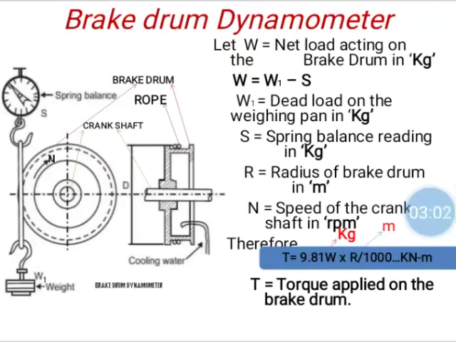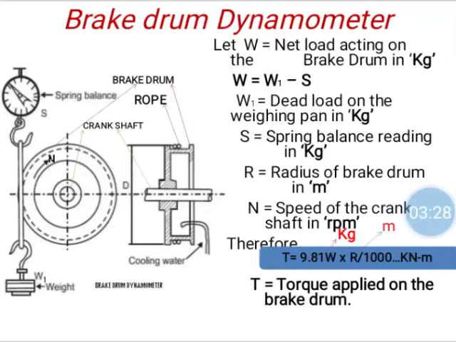In the dynamometer you can see a central crankshaft, and over this crankshaft a brake drum is mounted. In the figure you can see two views: one is the front view, another is a sectional side view.